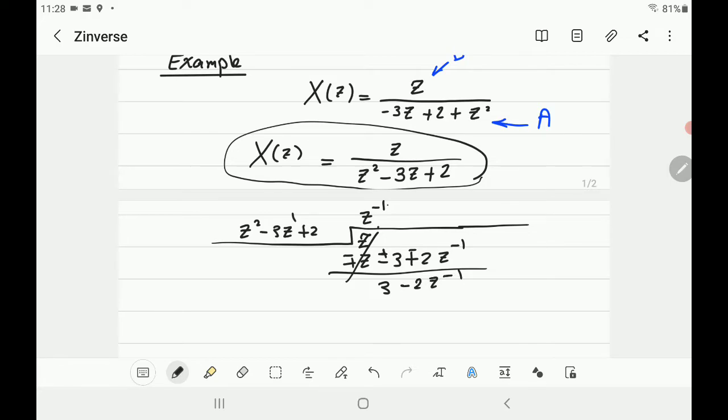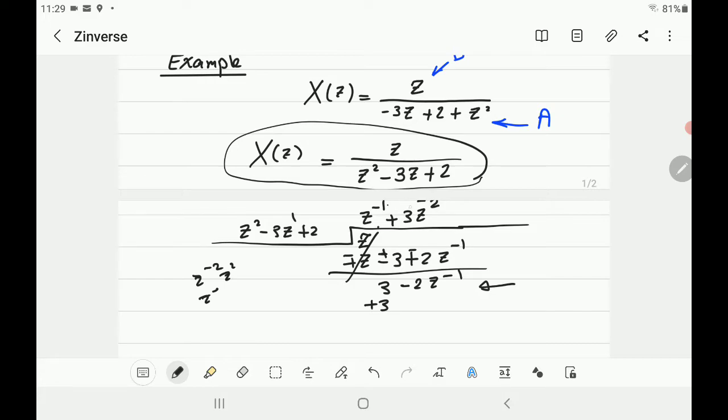All right. Then what next? You divide what you got here by this one. So 3, you will say plus 3, and you multiply z squared by z minus 2. Why? Because if you multiply this term by this term, you get 3. 3 times 1 is equal to 3, and z minus 2 times z squared will be z power 0, which is equal to 1. That's good.